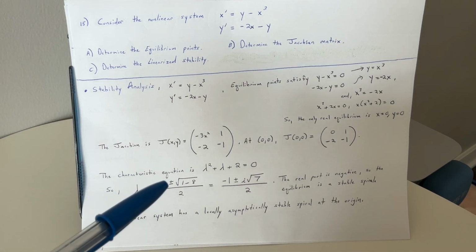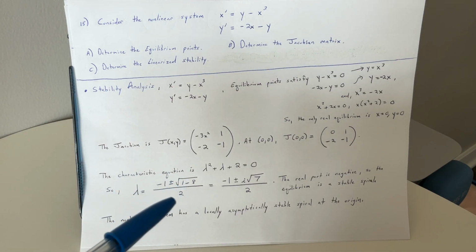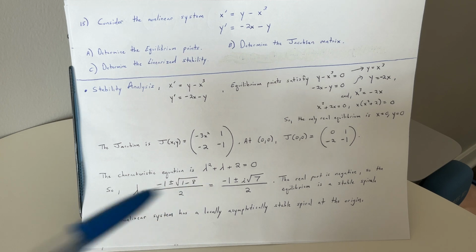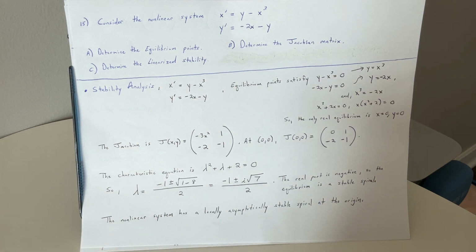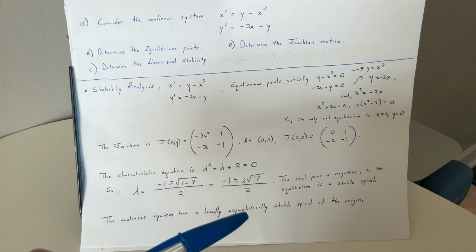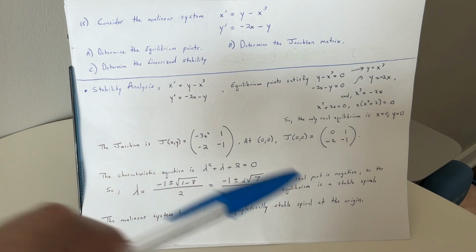So lambda equals negative 1 plus or minus the square root of 1 minus 8, over 2, which becomes negative 1 plus or minus i square root of 7, over 2. The real part is negative, so the equilibrium is a stable spiral, and the nonlinear system has a locally asymptotically stable spiral at the origin.